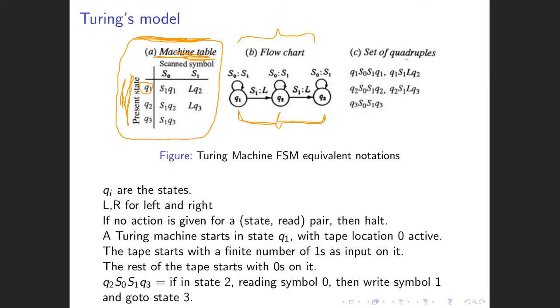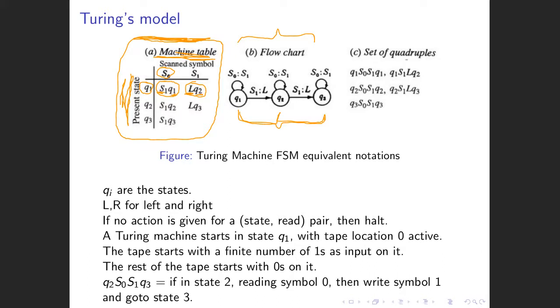What symbol am I looking at? Oh, it's a 0. And then you can read out what I'm going to do, which is some combination of writing symbols and or moving. So here we're doing a left and going to state 2. Here we're writing the symbol and going to state 1.